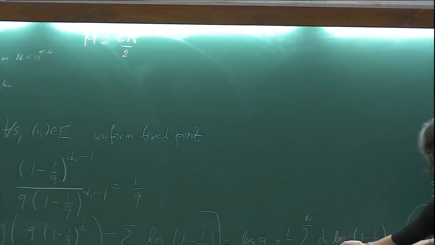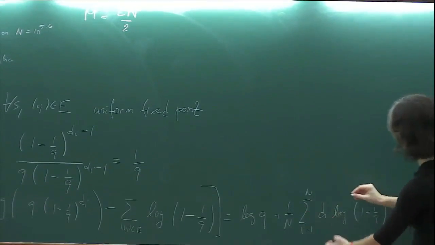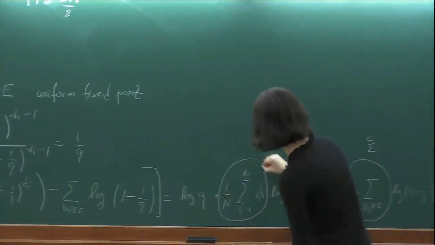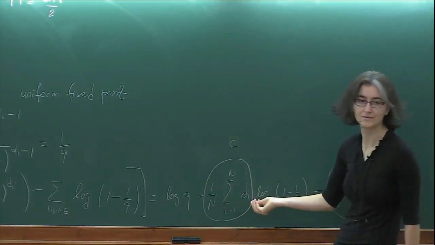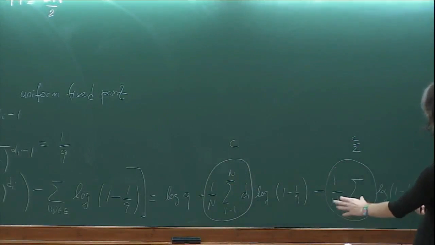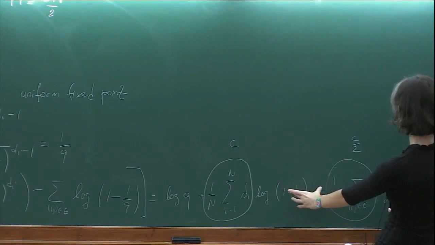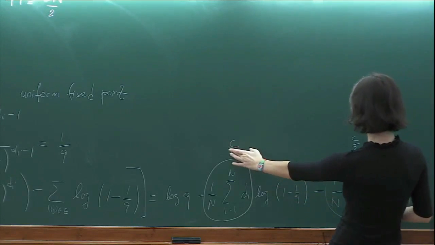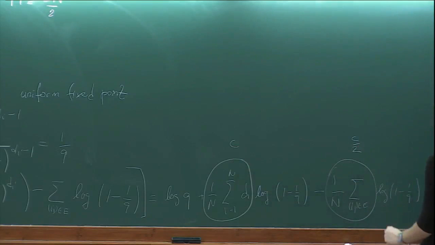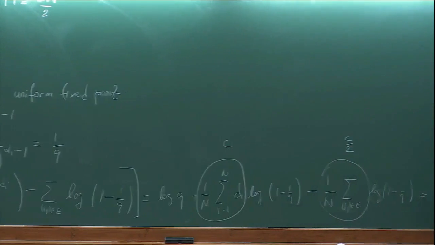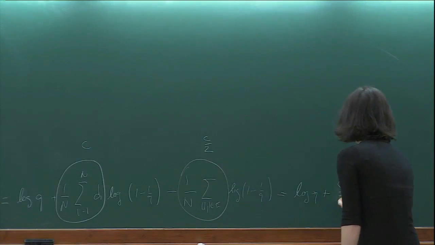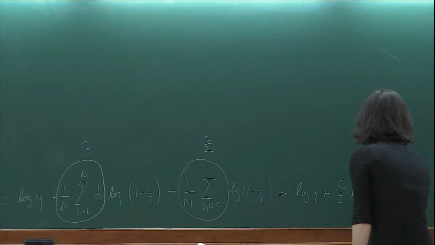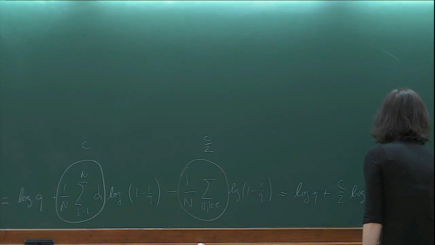Again, this doesn't depend on d_i, so we can put it out of the sum, and then this is exactly the average degree, by definition. So we have the logarithm of 1 minus 1 over q times c minus c half. So altogether, this is just log q plus c half log 1 minus 1 over q.